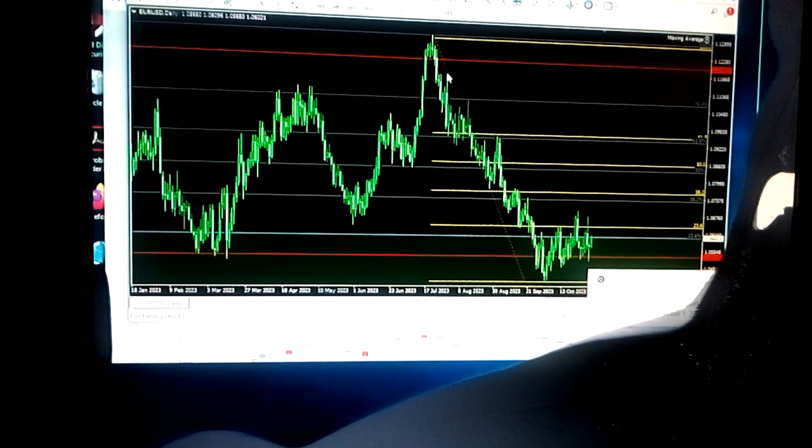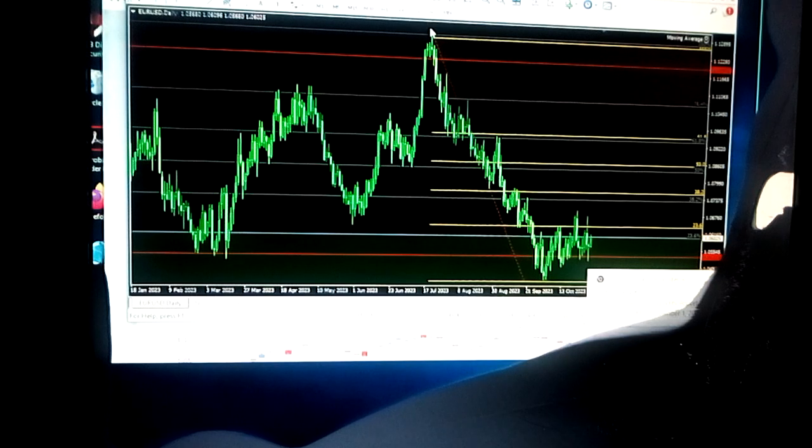Okay. Then there's something here. I think maybe you can see it. There's this light green and this light red, okay. You can see that it goes back to where I showed that there were support and resistance levels, okay.